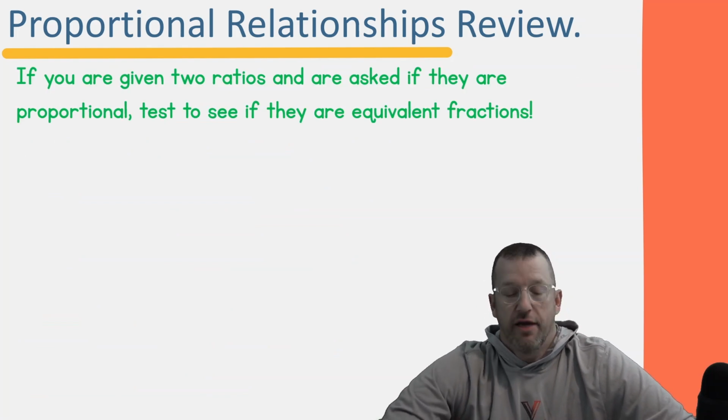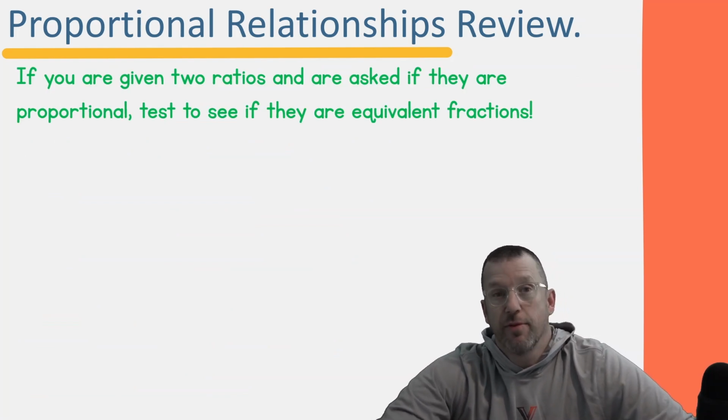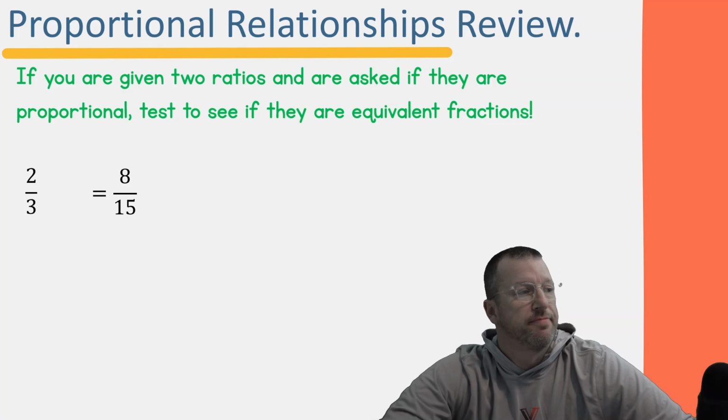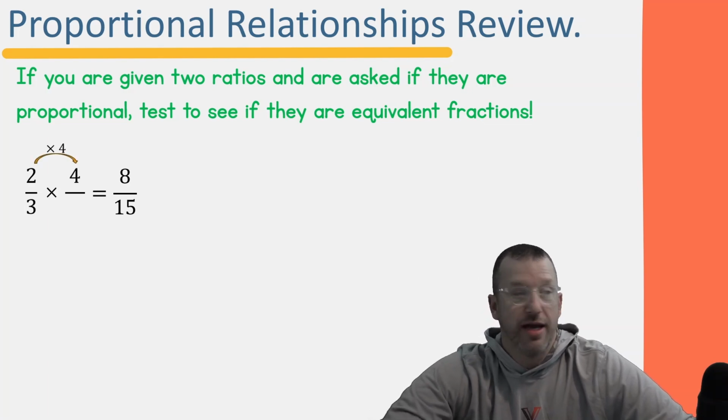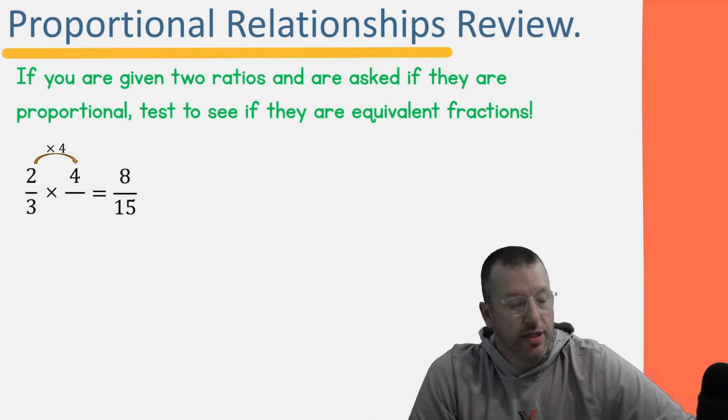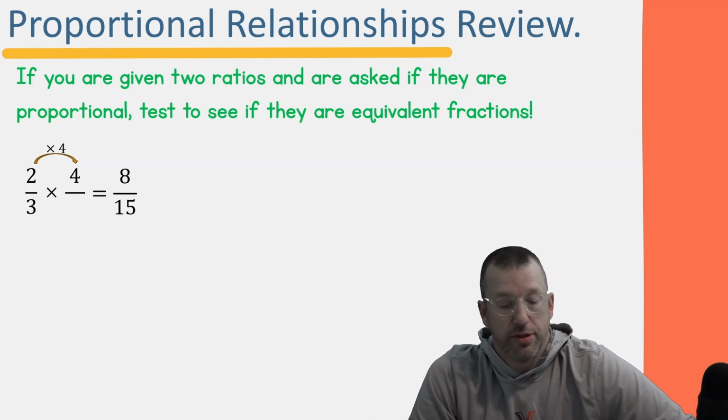Okay, so if you're given two ratios and are asked if they are proportional, test to see if they're equivalent fractions. That's the first thing. So if they just give you two ratios, here's one, 2/3 and 8/15. We have to see if they're equivalent. So what did we do to the top to get to 8? You see how we had a 2 and we moved over to the 8. Well, we multiplied by 4. So then we have to test to see if this is a proportional relationship.